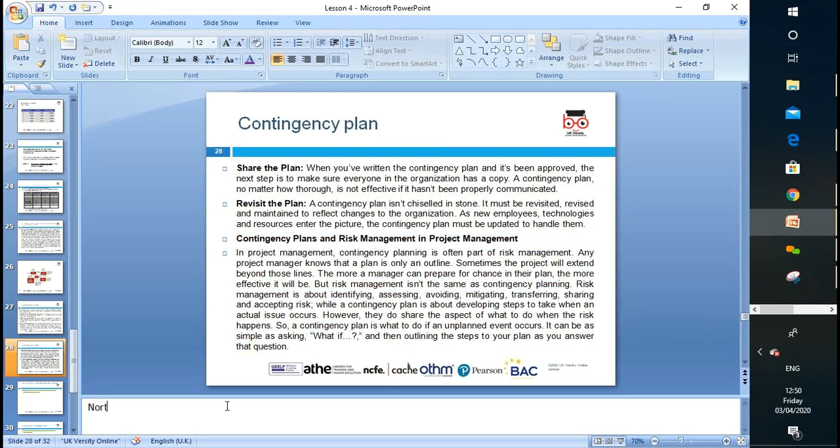Anybody heard about Northern Rock? No? Around 2005 to 2008, this was one of the UK banks, Northern Rock. They used to do mortgages. It was quite a big bank. Northern Rock had invested a lot of money in America in the housing market.